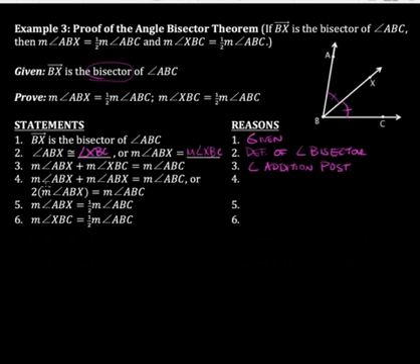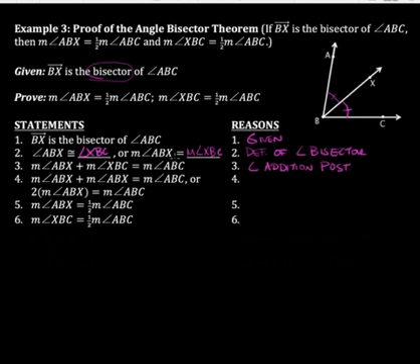Now in statement number 4, I got to compare it to statement number 3 and notice what has changed. What's changed is, well, nothing right here, right? The measure of angle ABX comes first, just like it did in statement 3. But then next, in statement 4, it says the measure of angle ABX again, but in statement 3, it had the measure of angle XBC. So what has happened here?